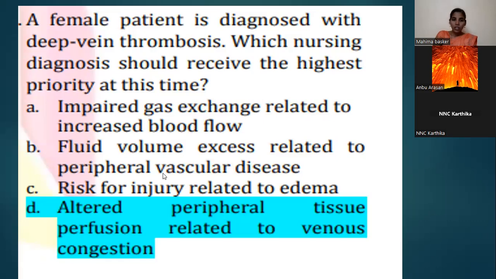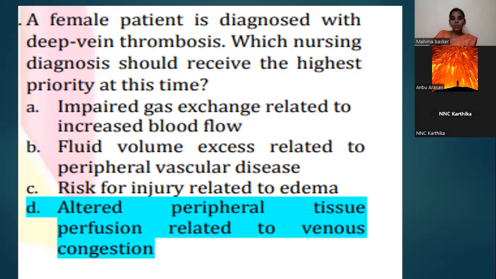And fluid volume excess related to peripheral vascular disease. Because of peripheral vascular disease, fluid volume excess will come. Some questions, if you read them, you will understand that there is no connection. Risk for injury related to edema is correct as a diagnosis, but it is not related to deep vein thrombosis.